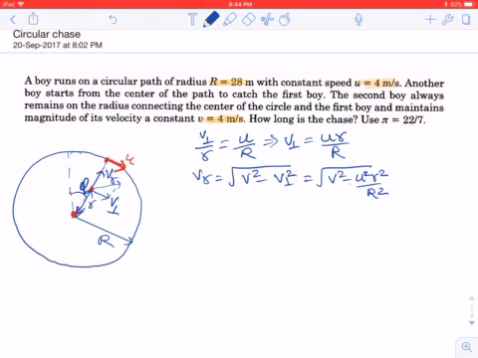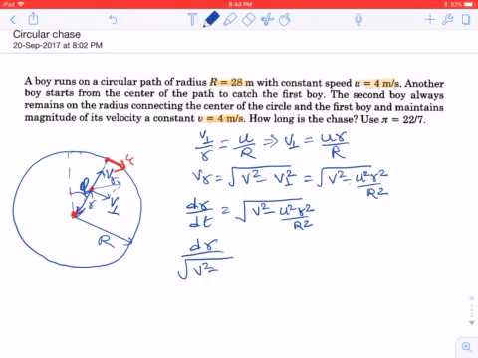Now vr, we can also write as dr by dt, so that would be equal to, now how do we integrate such kind of expression?